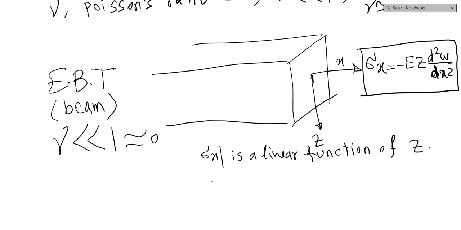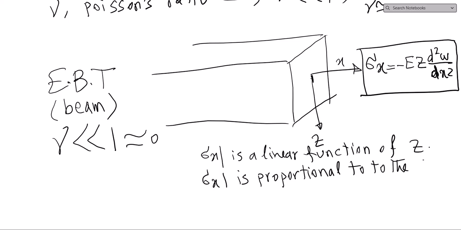That's the first one. Second, sigma x is proportional to the curvature, at a given x section or cross section. These are two very important points here.